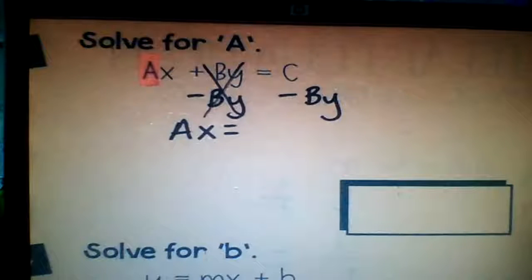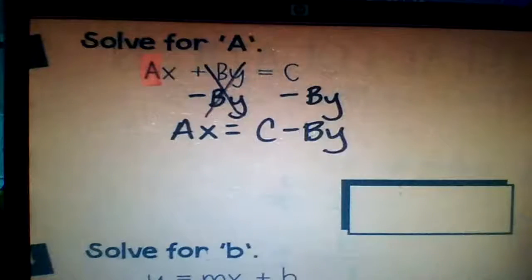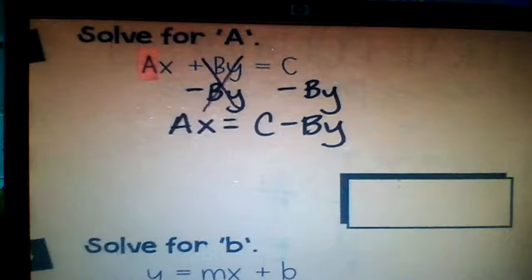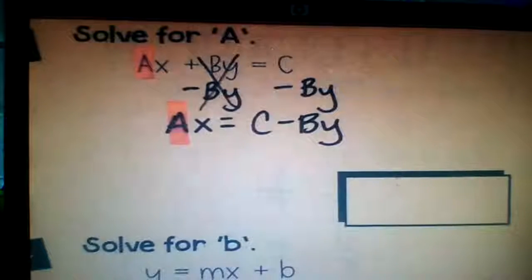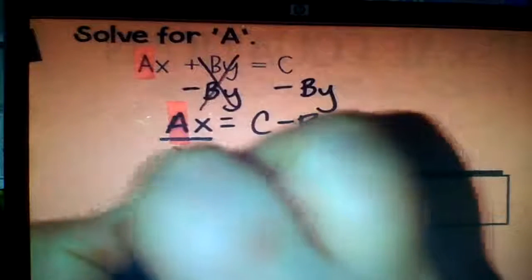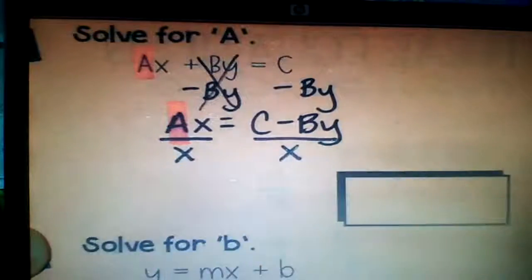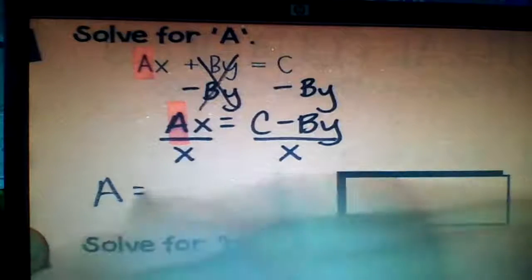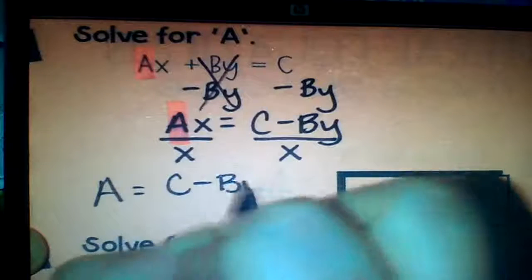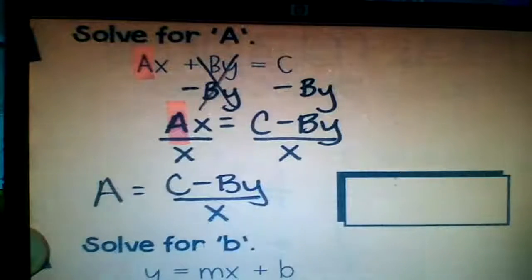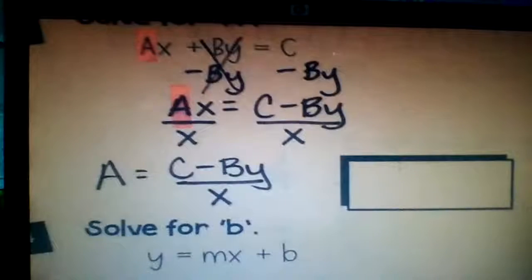So C minus BY. Still, I need this by itself. How do I get rid of that X now? Divide. So A equals C minus BY divided by X. That's your answer.